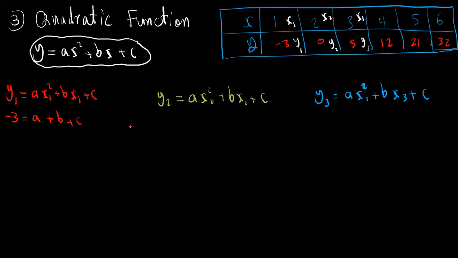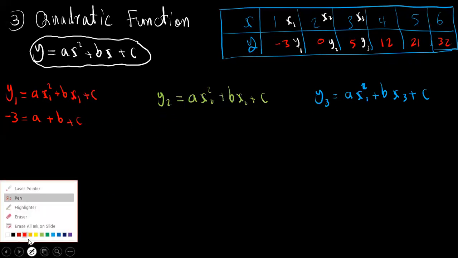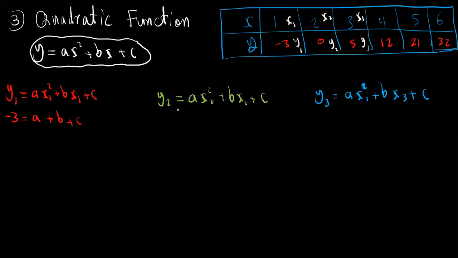So this is the first equation. Second equation, y2 is 0, x2 is 2, so 2 power 2 is 4, 2 multiplied by b is 2b, plus c. This is the second equation, or second value of y.